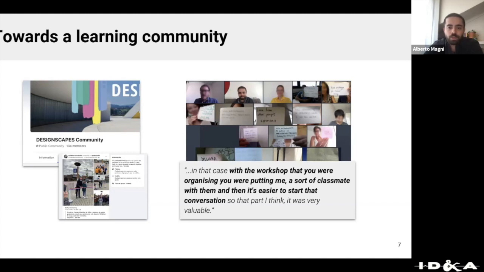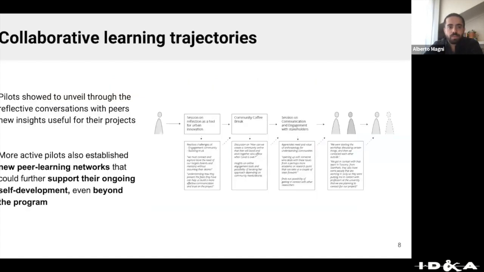Furthermore, we observed how closer interactions, really opening up possibilities for conversations that would go beyond superficial introductions, were facilitated by the informal occasions sparked through the program, for example, in the online coffee break sessions or in the dialogic workshops themselves, that helped the participants, as they said, to be put as a sort of classmate and then really start conversations with the other peers more easily.